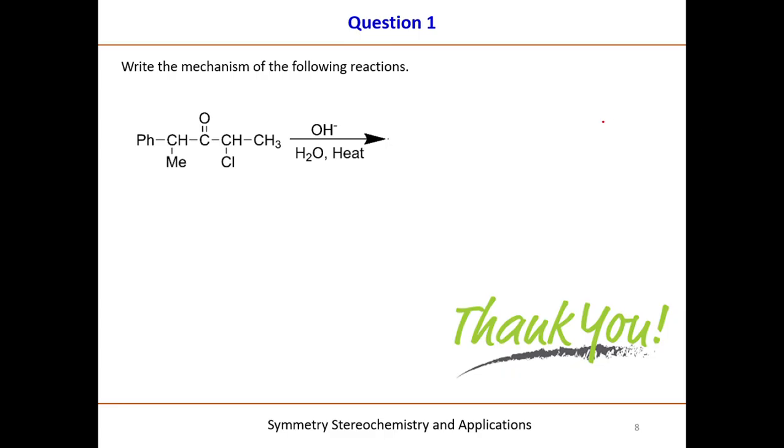So this is another type of rearrangement reaction. Here we can see that we have an alpha haloketone, correct?